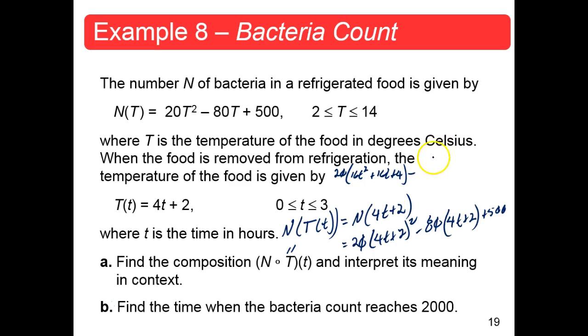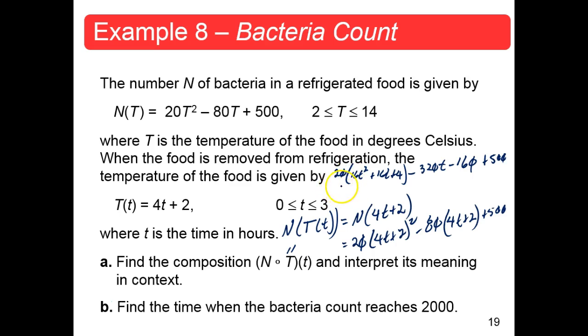Okay. Minus, can you do that next one? 320 little t minus 160. Does everybody see what he's doing? Okay. Plus 500. We have to clear that first set of parentheses.